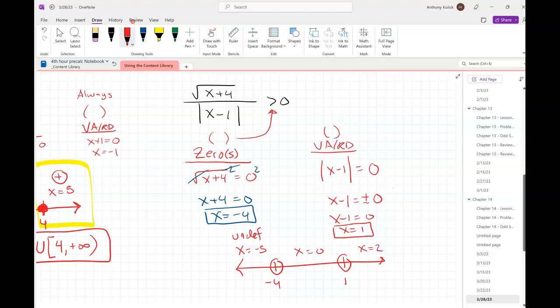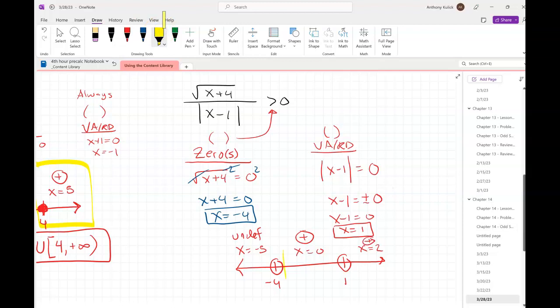If I plug in 0, the square root of x plus 4 is positive. The absolute value of anything is always positive. Positive over positive is just positive. If I plug in 2, the square root of x plus 4 is positive. The absolute value of anything is positive. Positive over positive is positive.